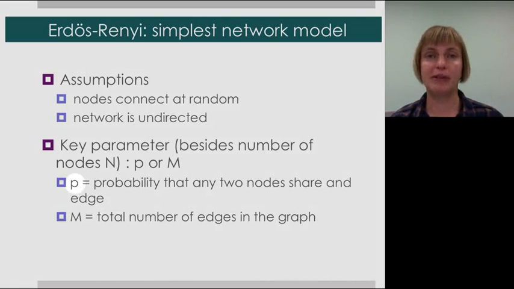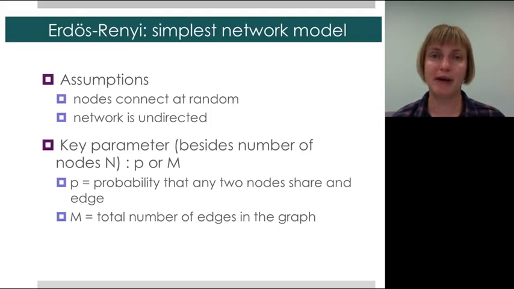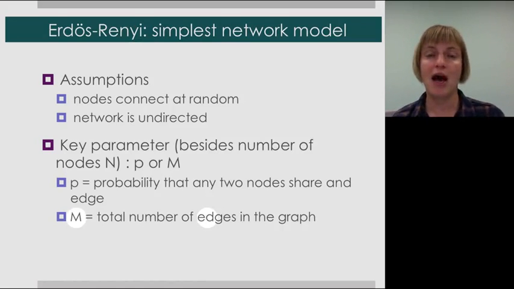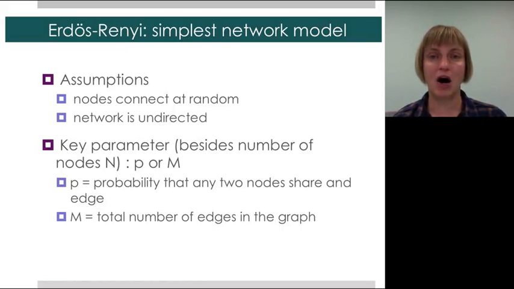We'll call this probability P. So for example, any two individuals might have a probability of 0.1 of having an edge, meaning that 1 out of 10 edges that could exist in the network actually do. Alternatively, what you can do is specify the total number of edges in the network. We'll call this M, and then allocate those randomly among all pairs of nodes.